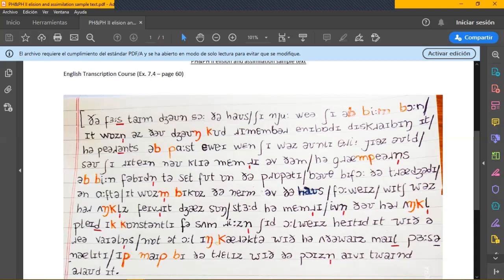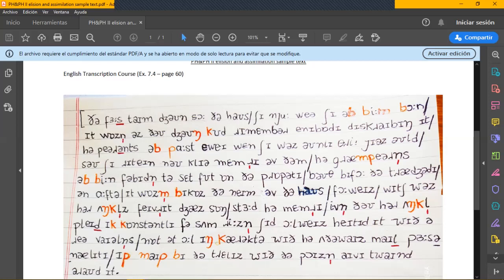More and more examples of the same. The same in here: we have a voiceless alveolar plosive, which was assimilated into the voiceless bilabial plosive because it's under the influence of another bilabial. And the same happens at the end of this word and the beginning of the following word.